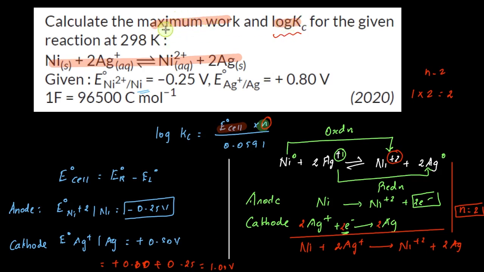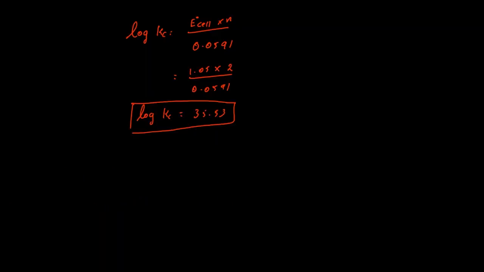Now they are asking you to calculate the maximum work done. So what they are asking is delta G naught. If you calculate delta G naught, it's nothing but the maximum work that can be done when this reaction is performed. The formula of delta G naught is minus nFE naught. We know that the number of electrons involved in this equation is 2, and Faraday is 96,500. The E naught value we found is 1.05.